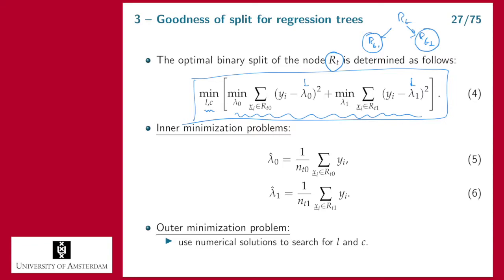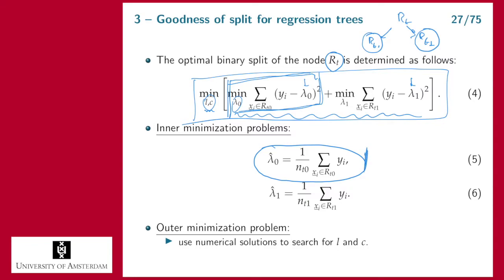And why do we use two minimizations, first over L and c, then over lambda 0 and lambda 1? Because given L and c, we know that the best way to predict inside Rt0 is by the sample mean. If you look at this minimization problem, you can solve it by taking the derivative, putting this derivative equal to 0, and you will find the sample mean.